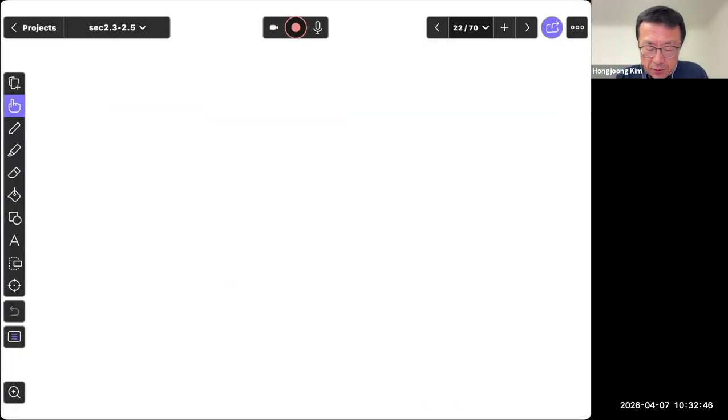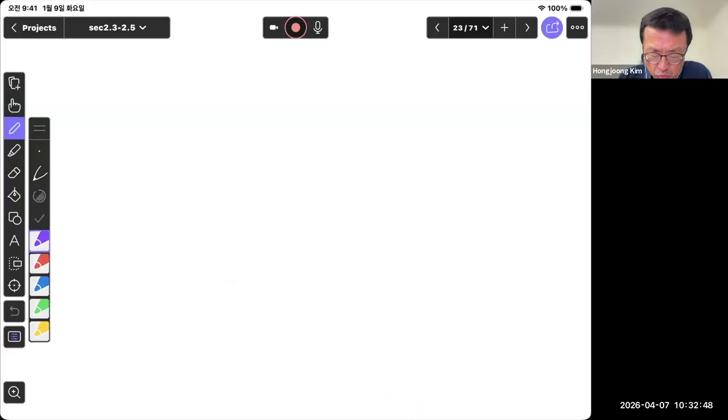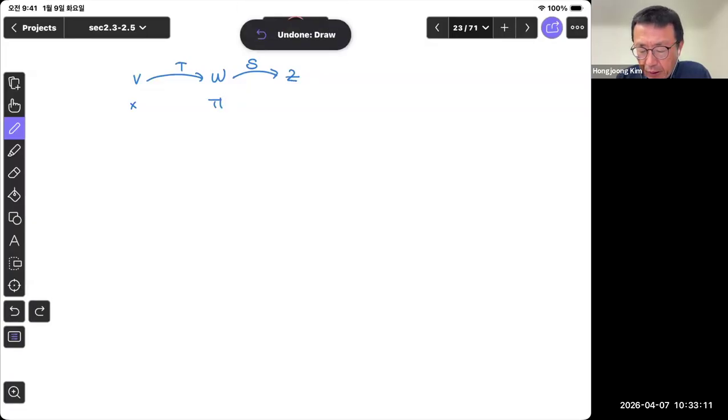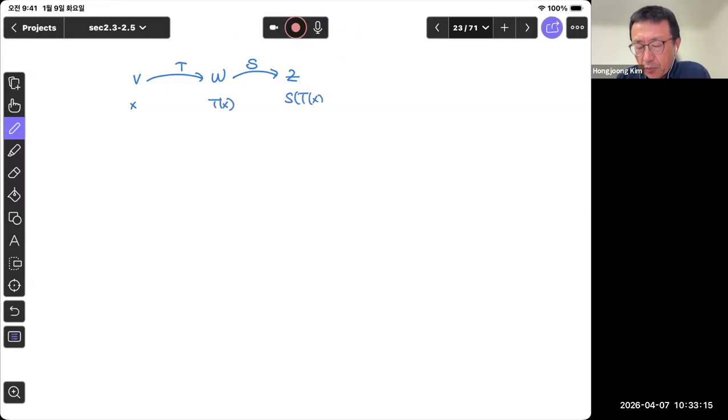So what I mean is, here from V to say W, we have this mapping T, and if I have another mapping S to Z, then vector X will be mapped to T of X, then S of T of X will be the final destination, right?